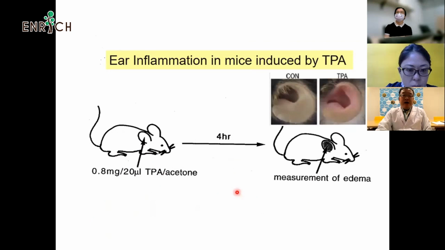Moreover, we used another inflammation model in mouse to evaluate the effect of perilla extract. We used TPA, which is a typical inflammation inducer, to induce severe edema in the mouse ear.